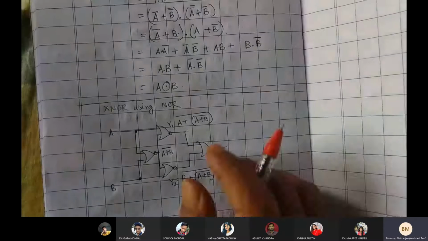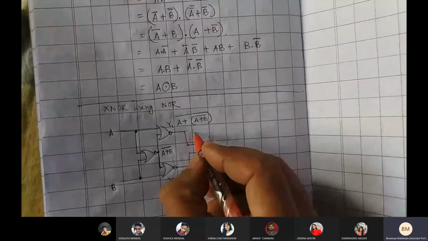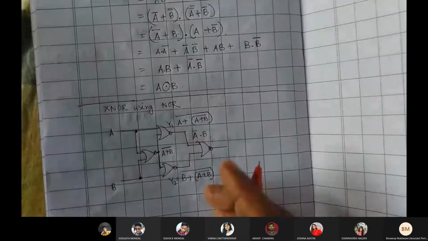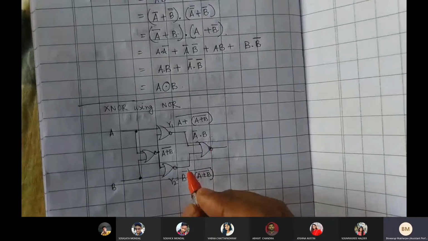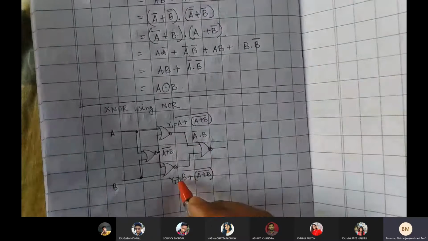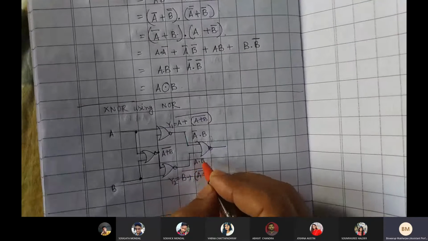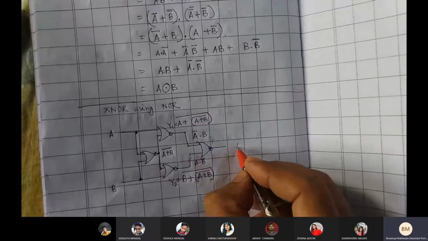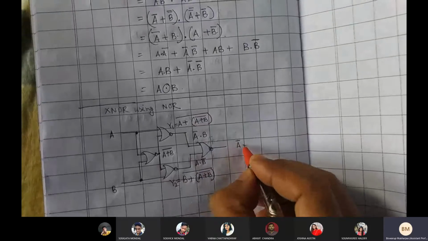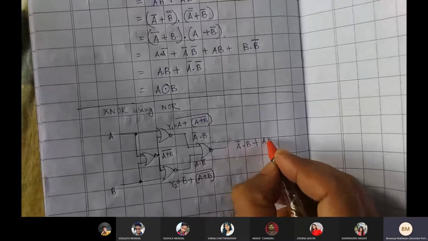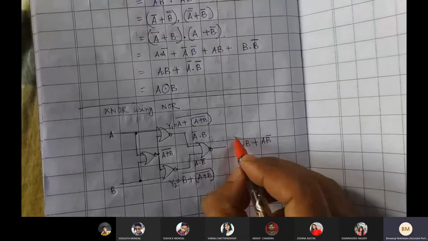If I put that right over here, Y1 is nothing but A complement dot B, and Y2 is equal to A dot B complement. So what comes over here is (A complement dot B plus A B complement) whole complement, right?